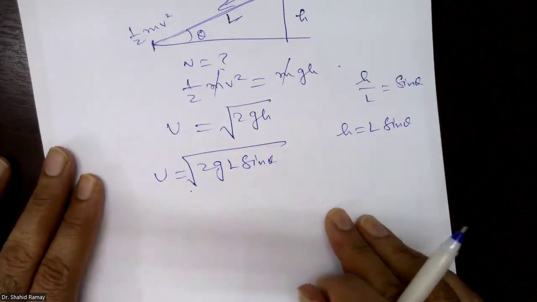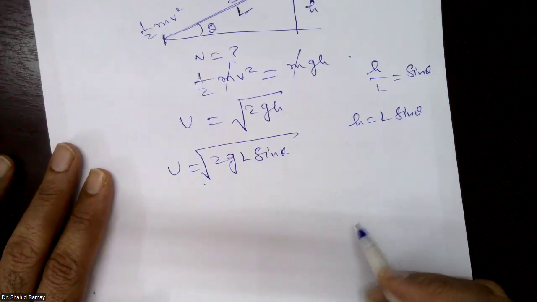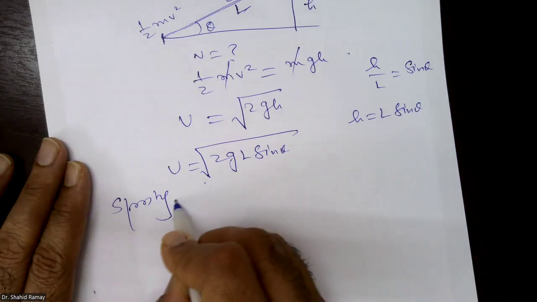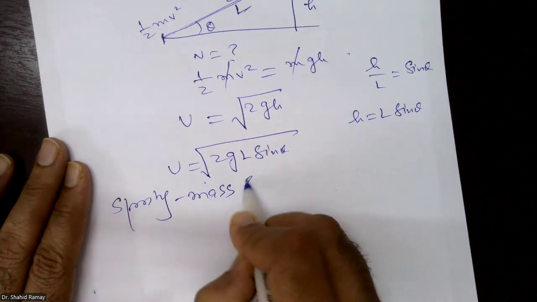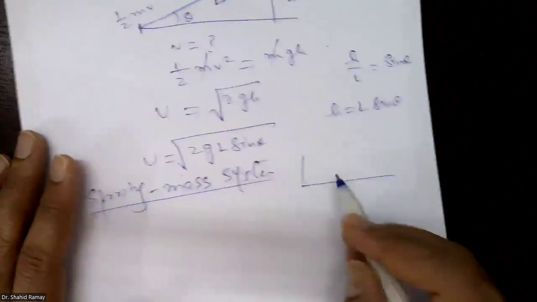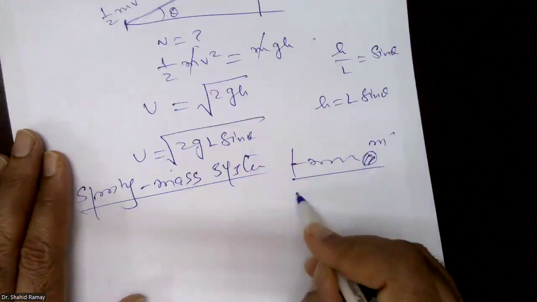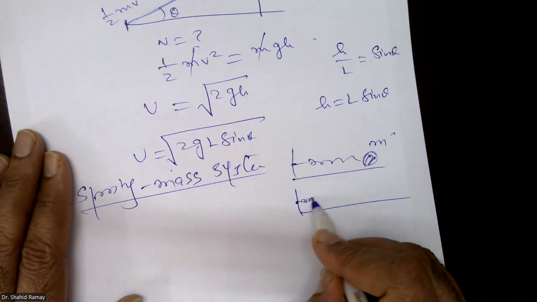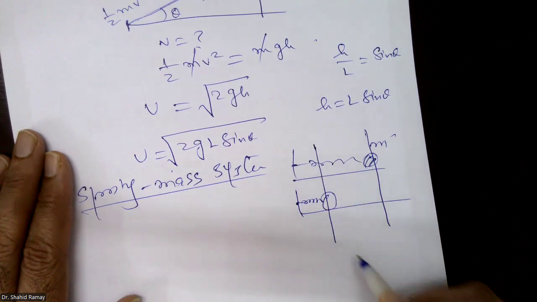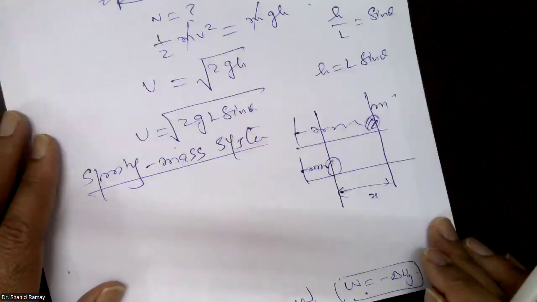Now we have the potential energy of the spring mass system. So remember, in the spring mass system, if we have a spring like this and it has a mass m, and you compress the spring, it is like this. So this is its original position, this is its compressed position, and this is x or delta x.